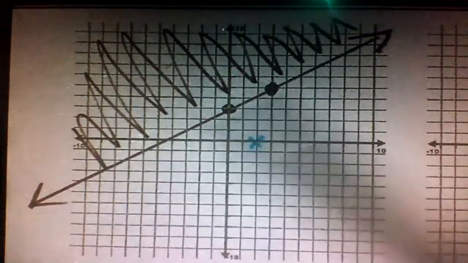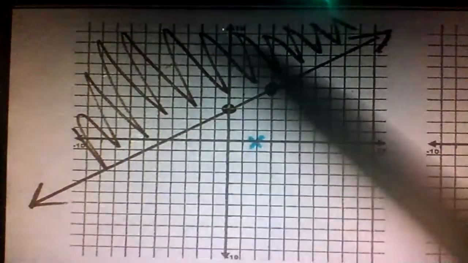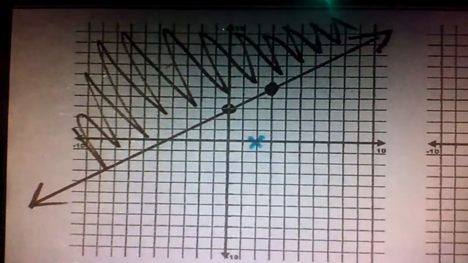Anything up in the shaded area would be a solution. It has to be in the shaded area. It's not greater than, so it's not a solution.